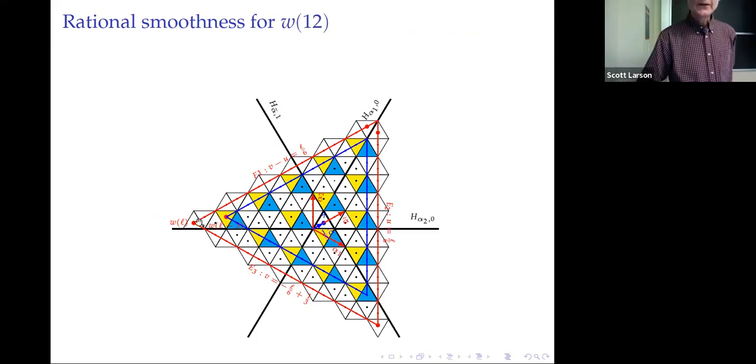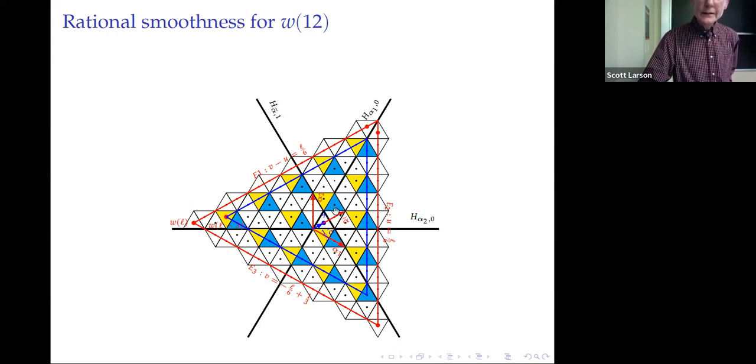So this big triangle here is the triangle of all the elements that are less than W12. This is W12 here. This smaller blue triangle is the set of all X's that are non-rationally smooth points. The colored triangles are the ones where Q is positive. In fact, it turns out in this case, Q is always equal to 1, which is not true in other cases. The white alcoves are the alcoves where Q is 0.